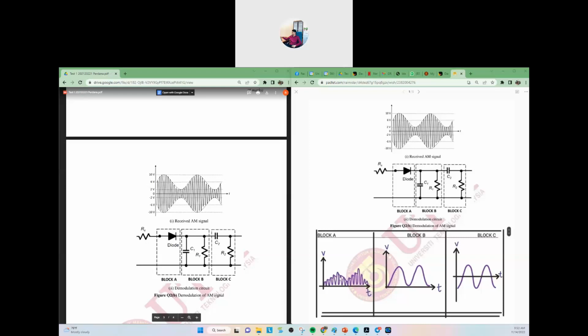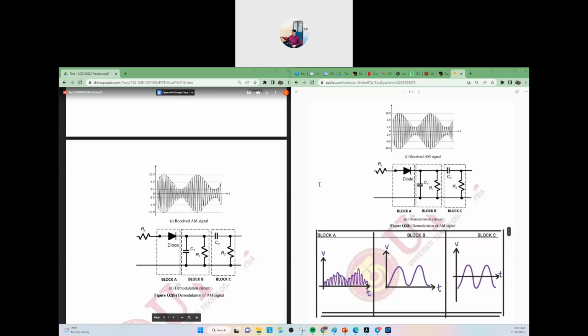We don't want more ripple, because if possible we want it smooth, almost like this, of course after the filter. After the filter, we want a smooth transition curve shape. So if you discharge too fast, with tau equals RC, the time constant, too small, you have more ripple. But the signal is not distorted.